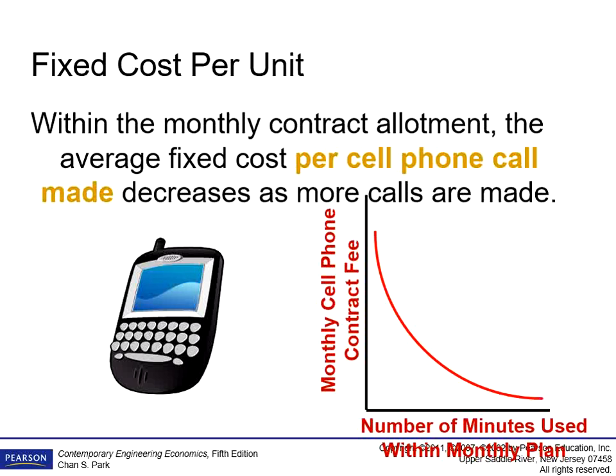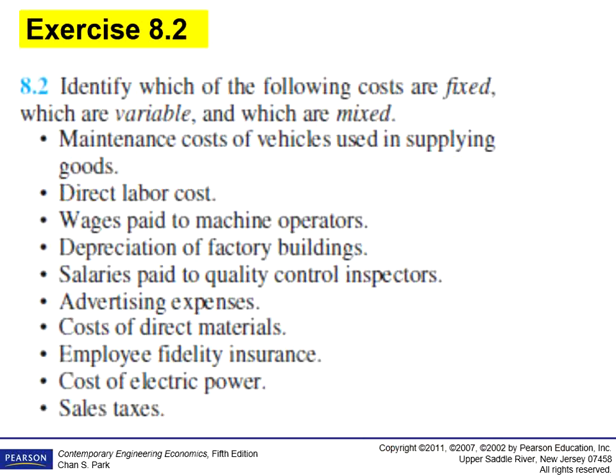Now we look at the next question for more explanation of the same concept. 8.2. Identify which of these costs here are fixed cost, variable cost, and mixed costs. The first one is maintenance cost, direct labor cost, wages, depreciation of factory buildings, salaries paid.